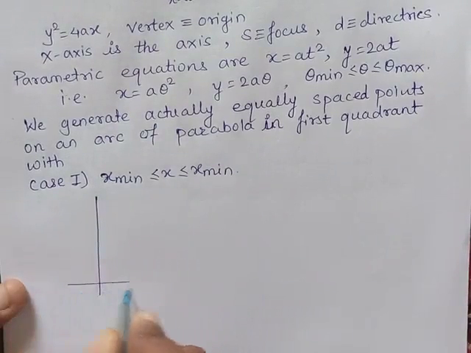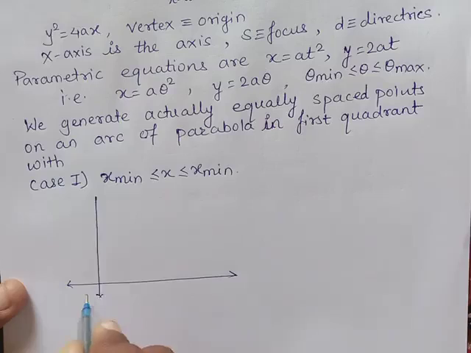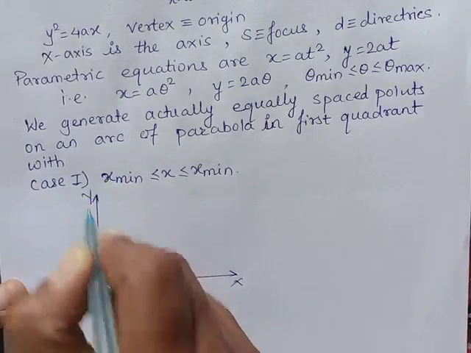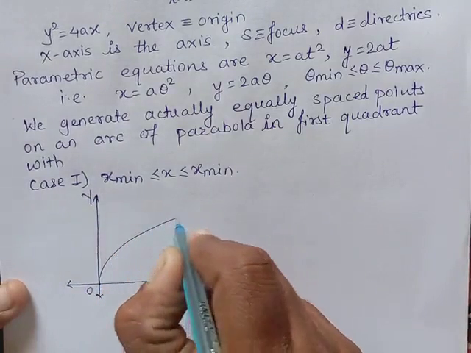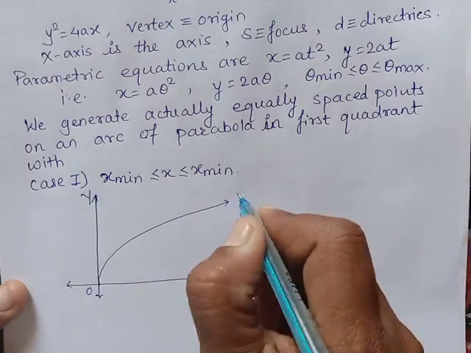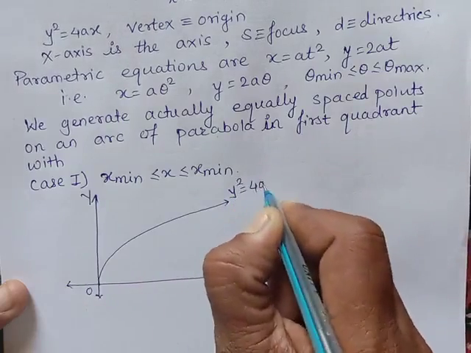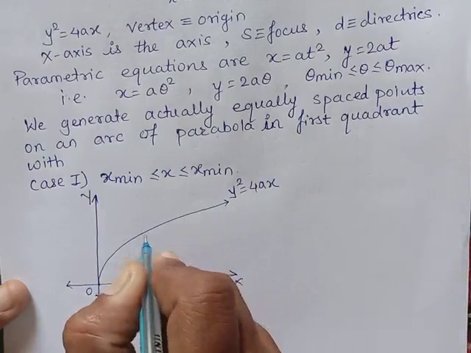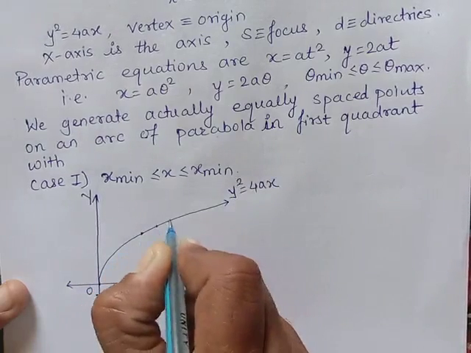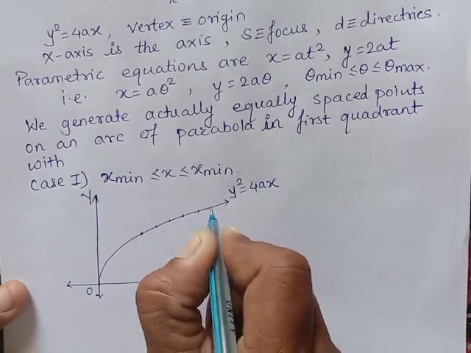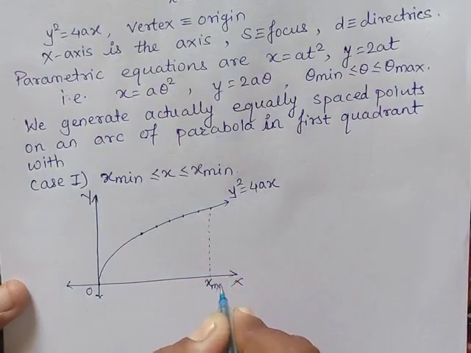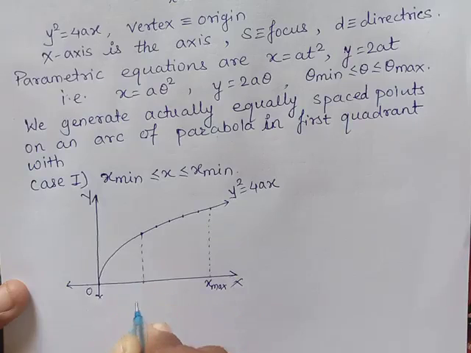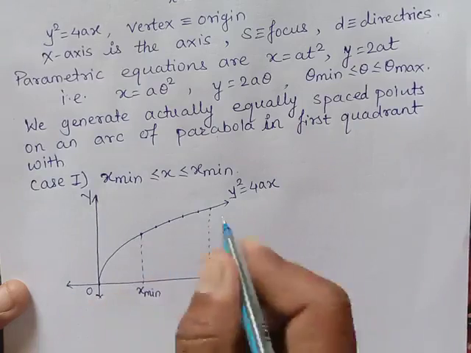That figure will be like this in the first quadrant of our two-dimensional system, and here is the arc of a parabola, y square equal to 4ax. Here somewhere is the x minimum and this is x maximum given to us. We have to determine points in between them on this parabola.